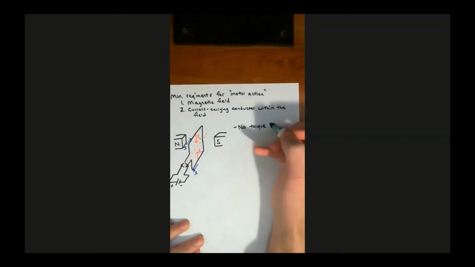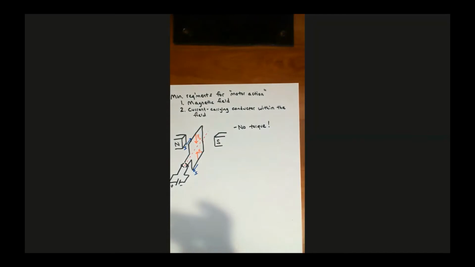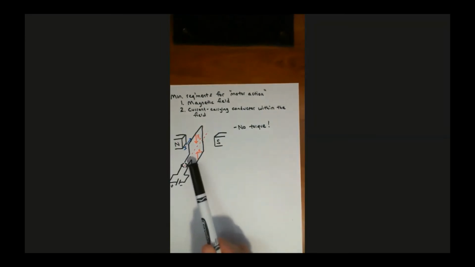So if our simple DC motor came to rest in a position like this, where the armature, we still call it an armature, was vertical as opposed to horizontal, then we have a problem, because we're not going to get any torque, and therefore the motor is not going to start.